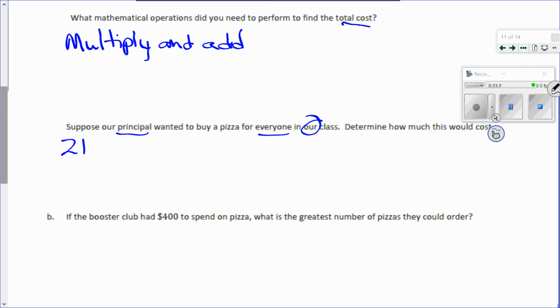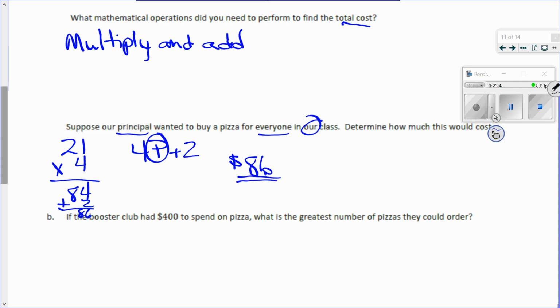So we can now use our expression 4p plus 2. But now we know that we need 21 pizzas because everyone gets their own. So I'm going to take that 21 times 4 gives me 84. Add in our 2 for our delivery cost. And we get a grand total of $86 for everybody to get their own pizza.